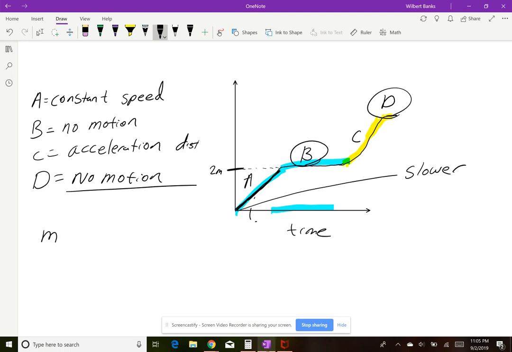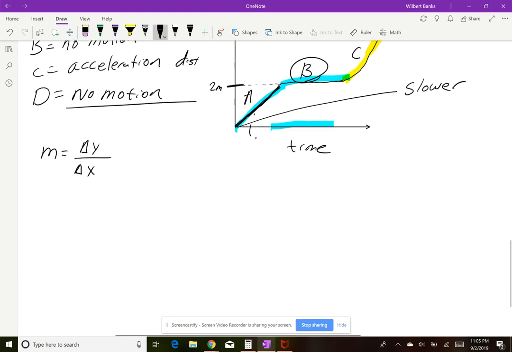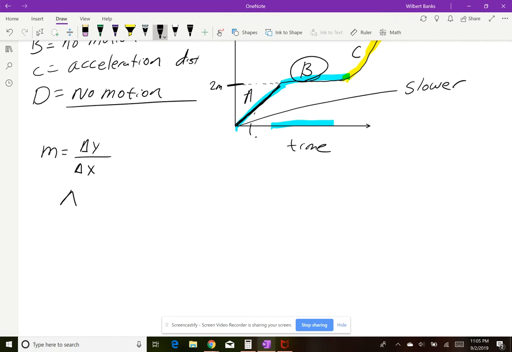The real slope equation really is delta y over delta x. In most textbooks, you'll see that. Now, this may be a new thing for some of you, but this term delta always equals the final of something minus the initial.